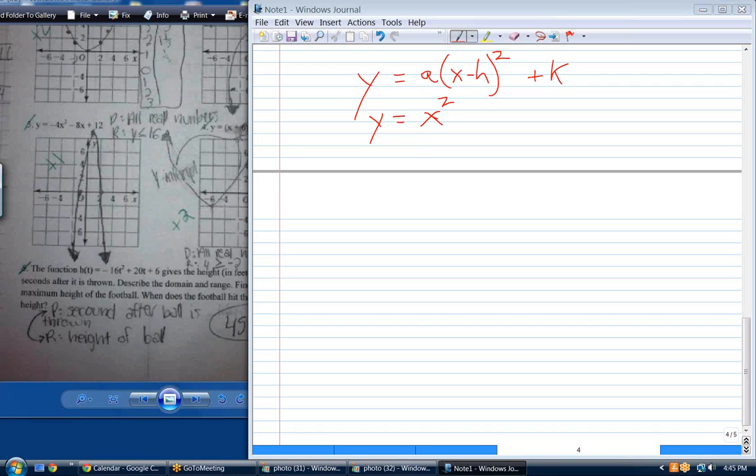Only it's got a horizontal translation of h, a vertical shift of k, and a vertical stretch or shrink of a. So if I can get this equation we're looking at into this format, then I'll be able to relate it precisely to y equal x squared. Well, it's a little tough, but we can do it.